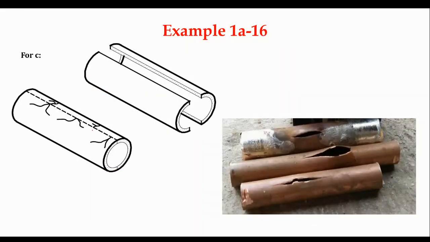At first, it starts cracking until such time that it splits like this. The drawing is perfect, but in reality, it is rarely like that. It is seldom that a pipe splits along this section, because it is stronger there. But the most critical is this one, the tangential.